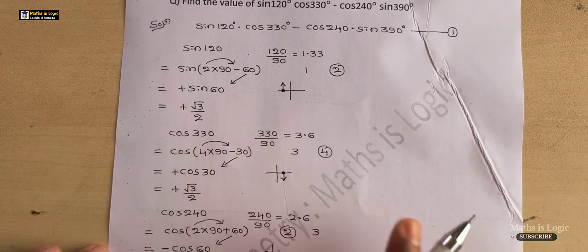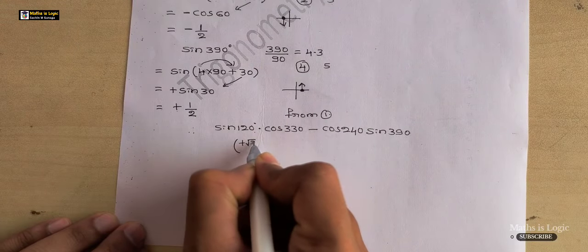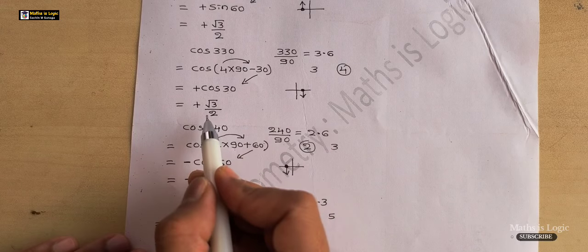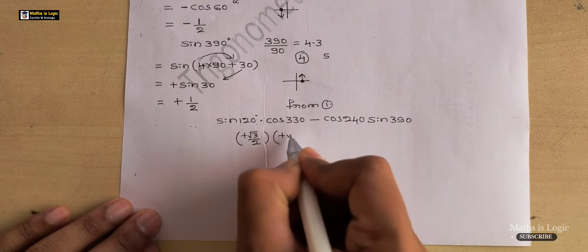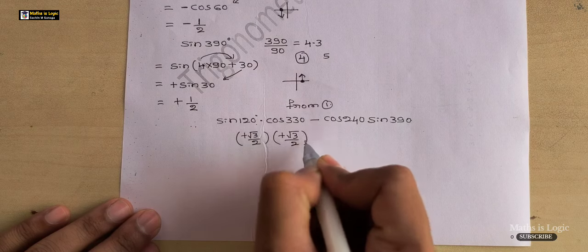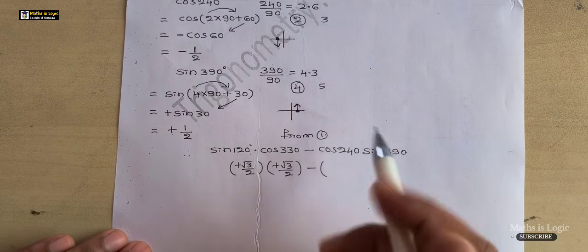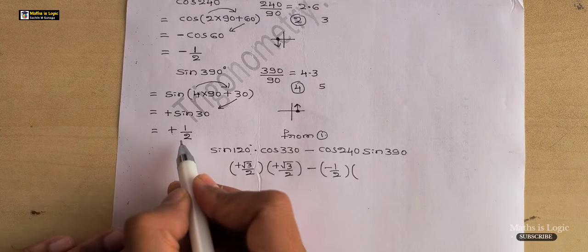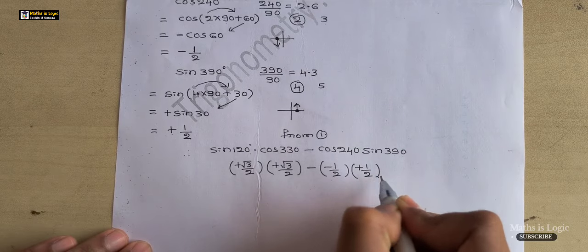What is sine 120? Plus root 3 by 2. Right, plus root 3 divided by 2 into cos 330. Cos 330 is again plus root 3 divided by 2, minus cos 240, minus 1 by 2, minus 1 divided by 2 into sin 390 is plus 1 divided by 2.